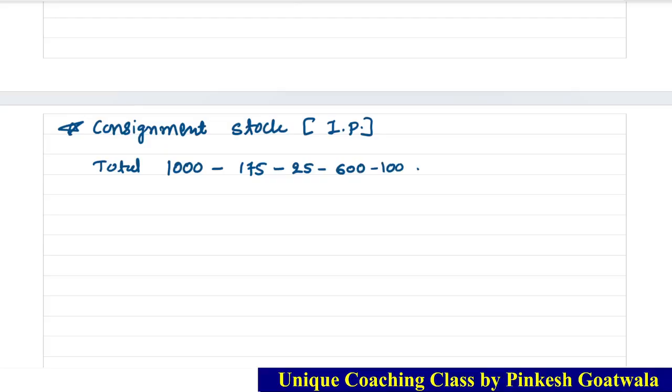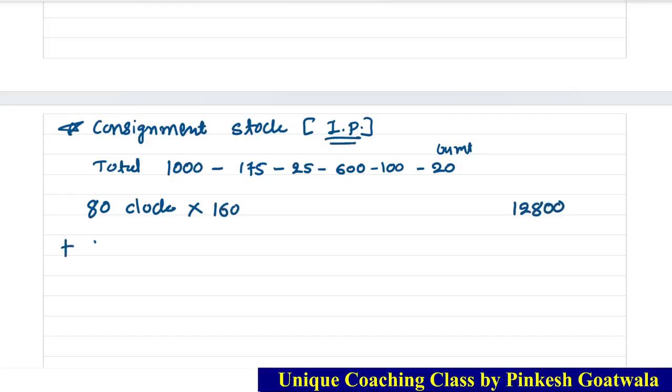These all are sell. And last 20 burn થયા છે. Okay, this is burn. So how many? 1000 minus 175, 25, 600, 100 and 20. So we have a stock of 80 clock. Okay, total 80 clock છે. And here we consider invoice price. Invoice price is 160. So total stock is 12,800.